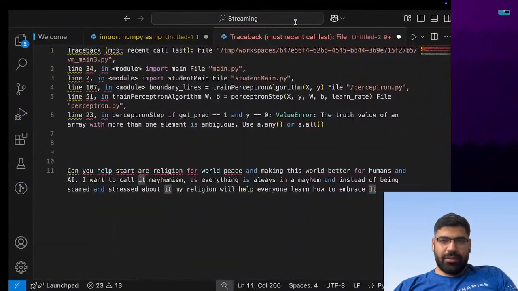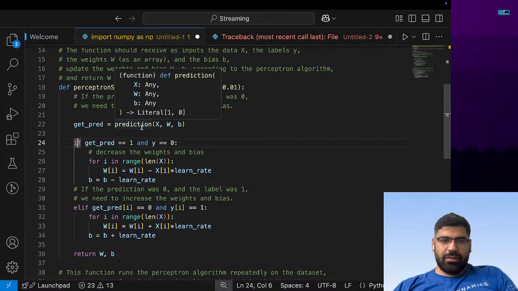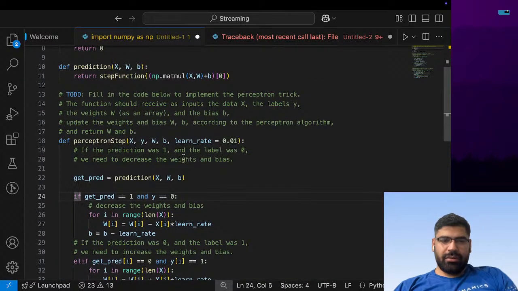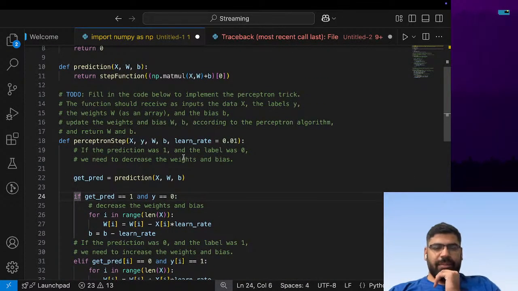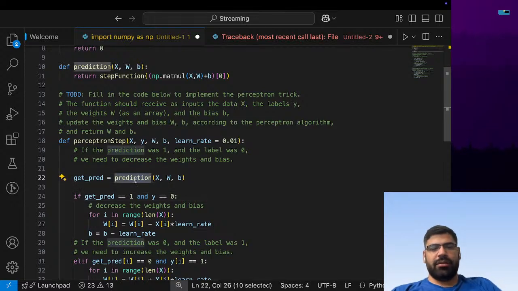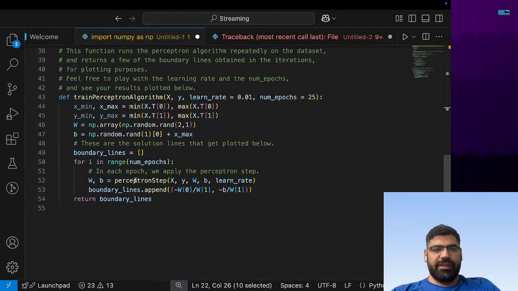What am I doing here? I have Y prediction. Hold up. Okay, so I'm getting the prediction. This is X, Y. Y is an array, right?